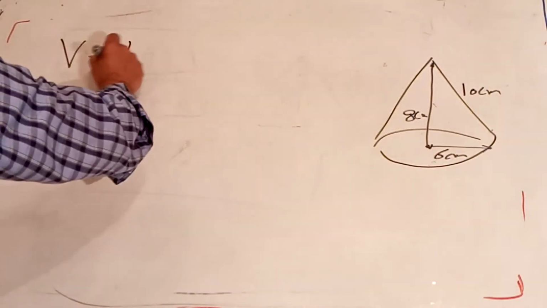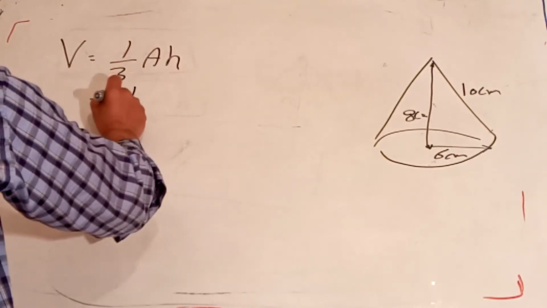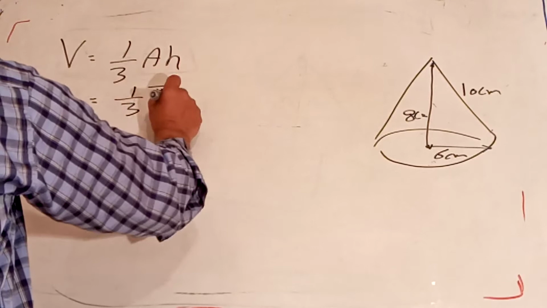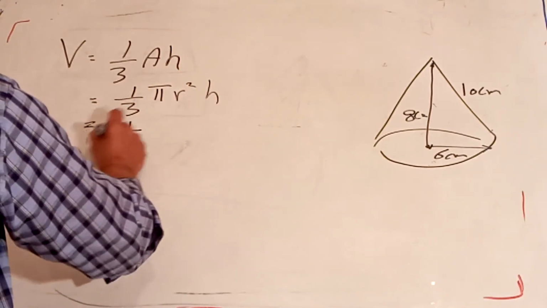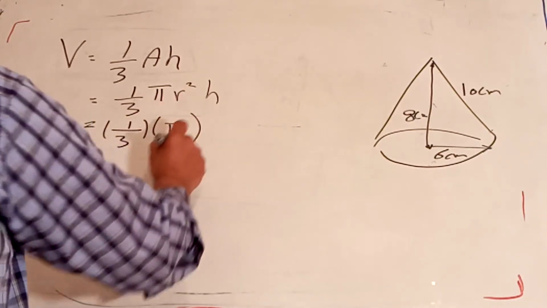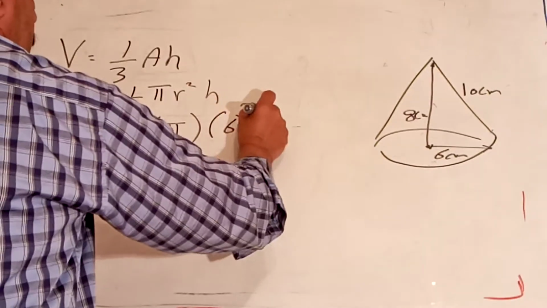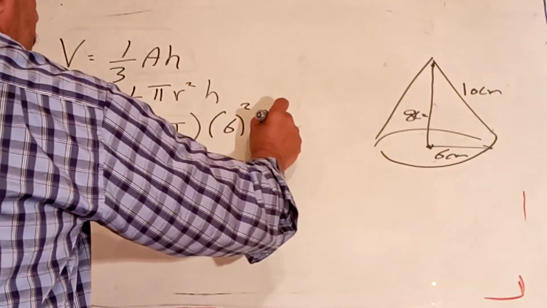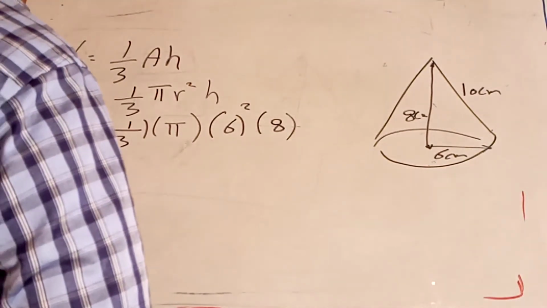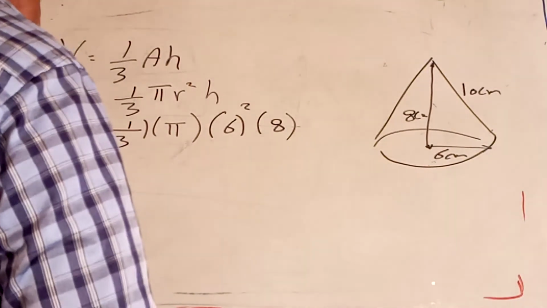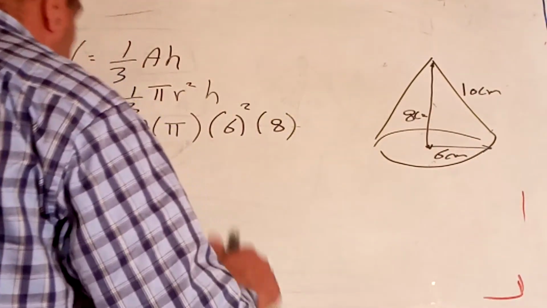Volume equals a third AH, which is a third pi r squared multiplied by H, which is a third pi multiplied by r squared, which is 6 squared, multiplied by H, which is 8. 36 times 8 over 3 is going to be 96.